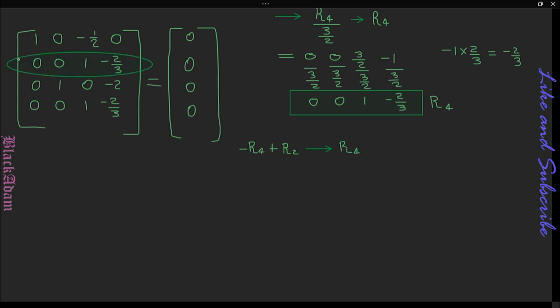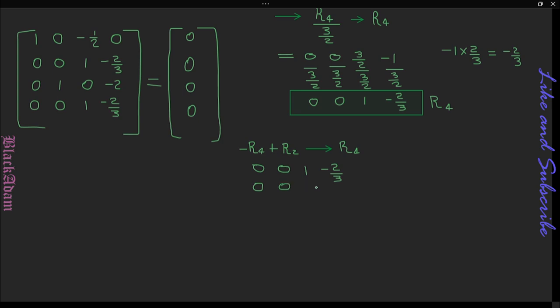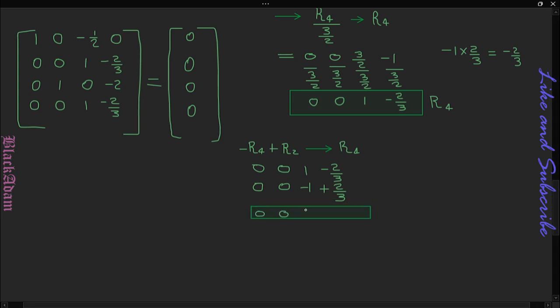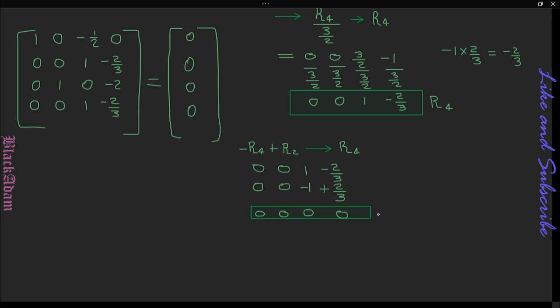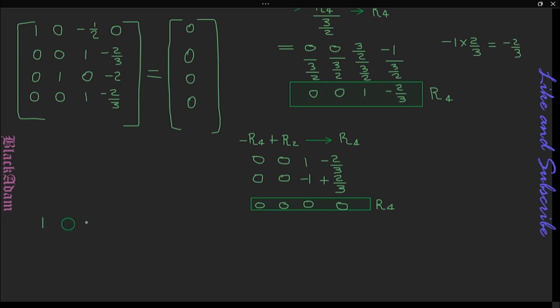Row 2 is 0, 0, 1, negative 2/3, and row 4 is 0, 0, 1, positive 2/3 when negated. Adding them together, we get 0, 0, 0, 0. So now we write the results.